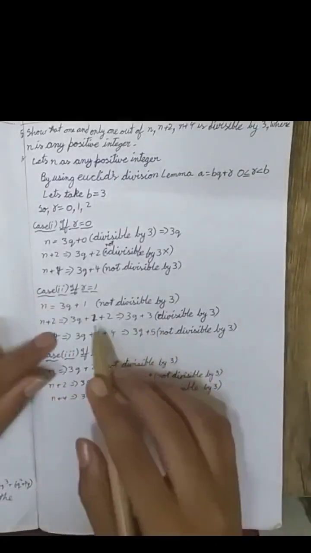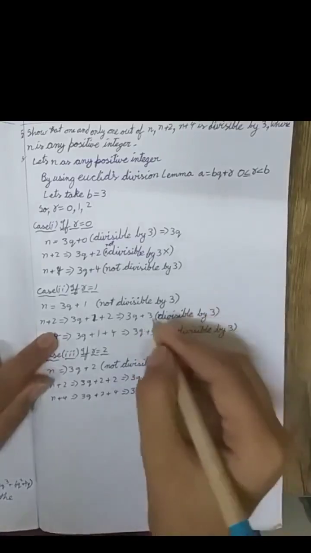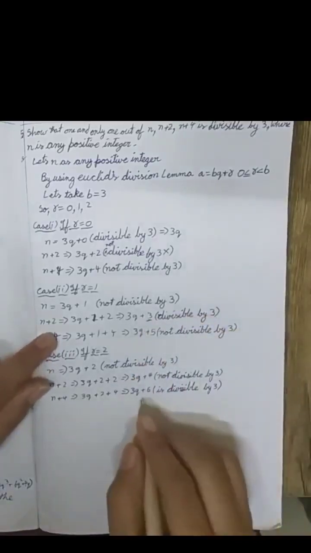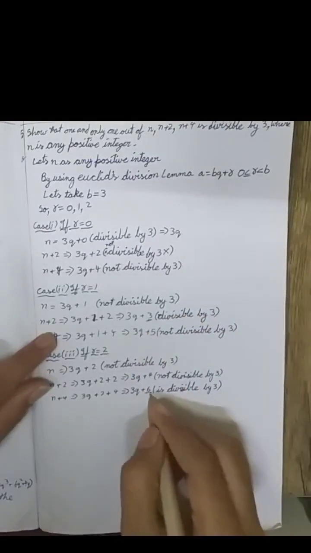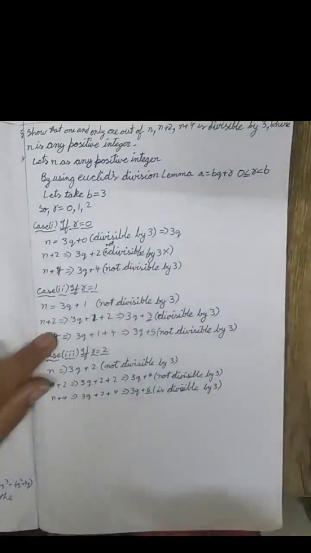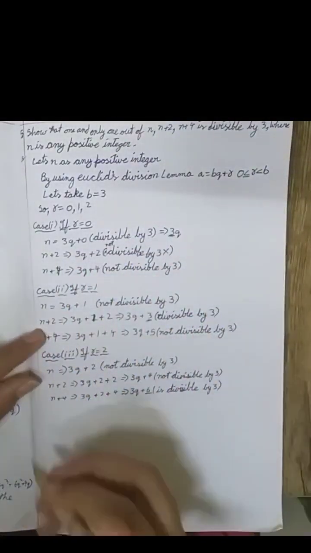Here n plus 2 is divisible by 3 as 3 is divisible by 3, and here n plus 4 is divisible by 3 as 6 is divisible by 3, and here 3q is divisible by 3 as 3 can be divided by 3.